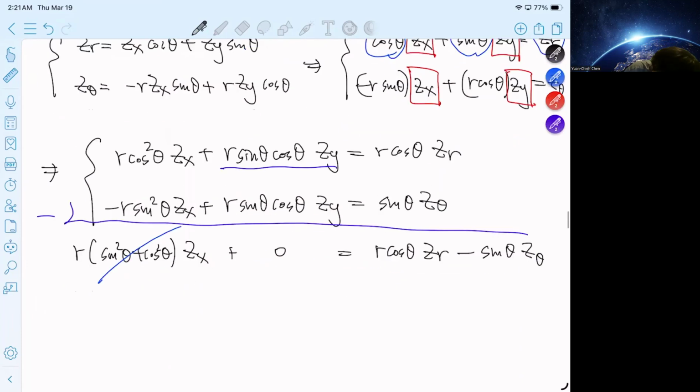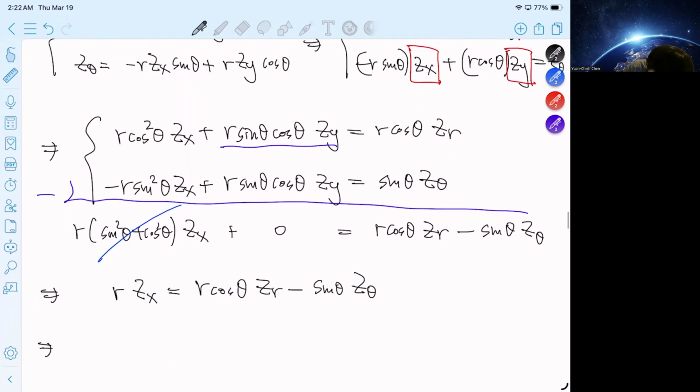So finally, we'll have R Zx equals R cosine theta Zr minus sine theta Z theta. So we can happily get our Zx. Zx will just be cosine theta Zr minus sine theta over R Z theta. Yay! So we have this.